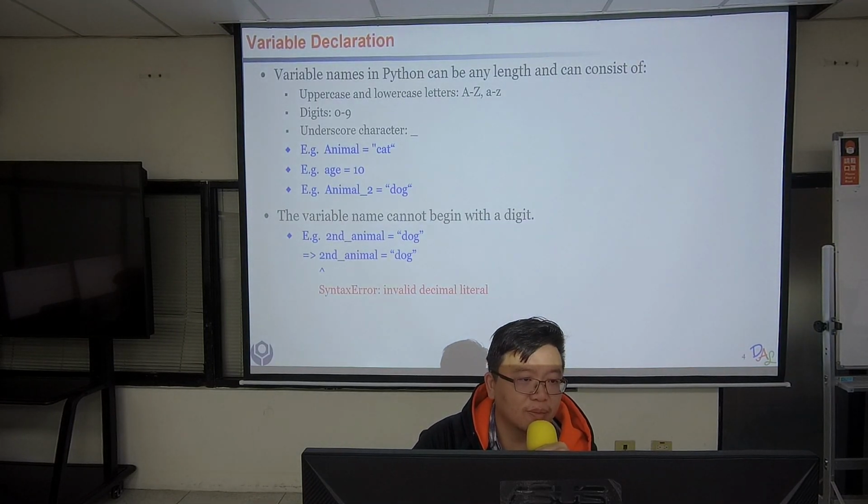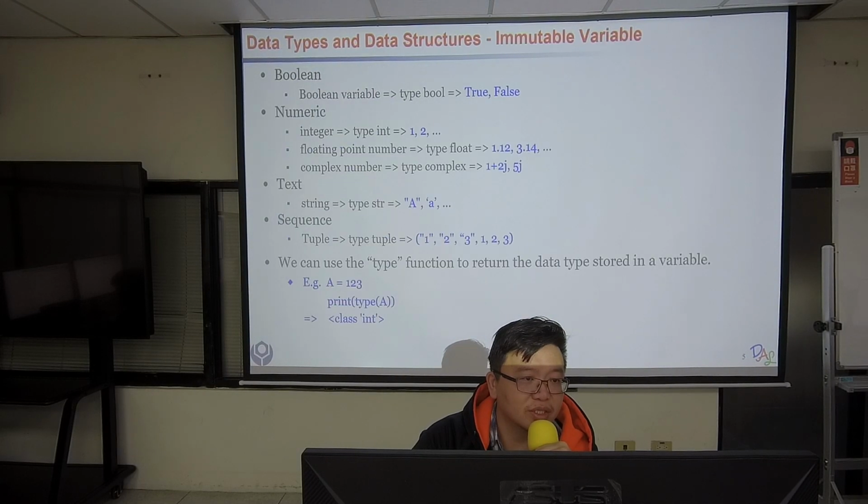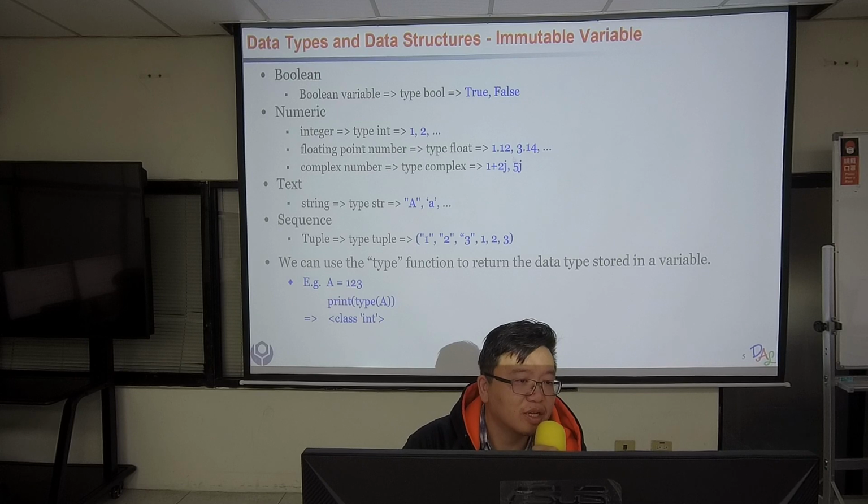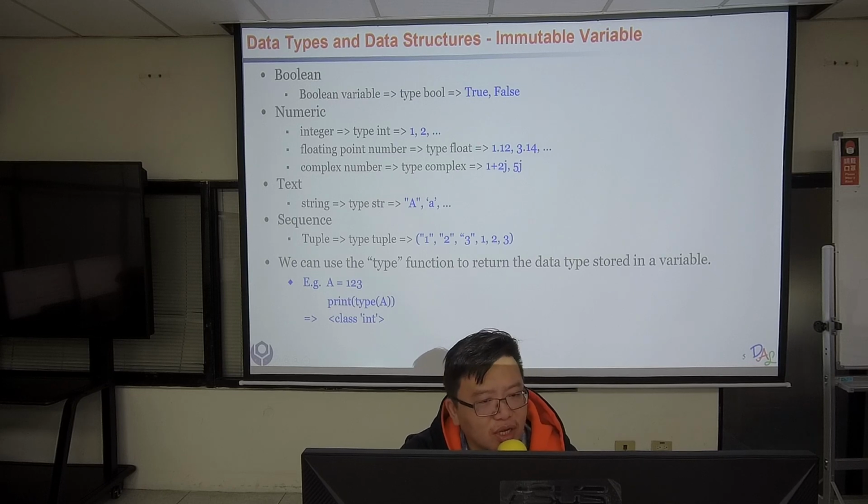So that's pretty much what I want to say. Yeah, so besides all these kinds of variables, we introduced integer already, and we introduced float already. There's complex numbers. We don't commonly use complex numbers.